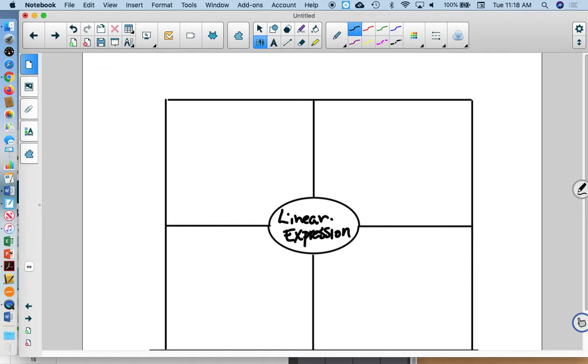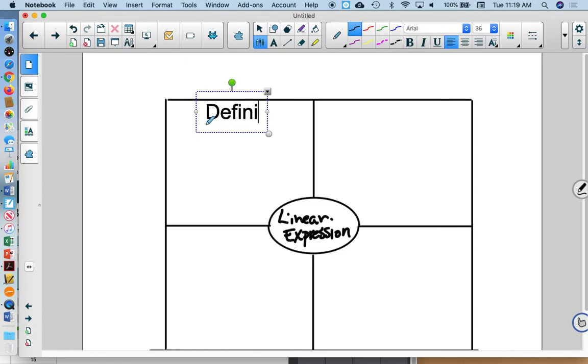I'm going to go over to the keyboard again. My definition of the linear expression. Some of these are small because I want to get it in there, but if you listen, you can follow me along as we do it.